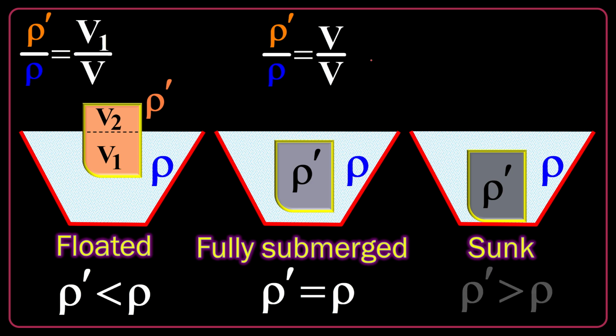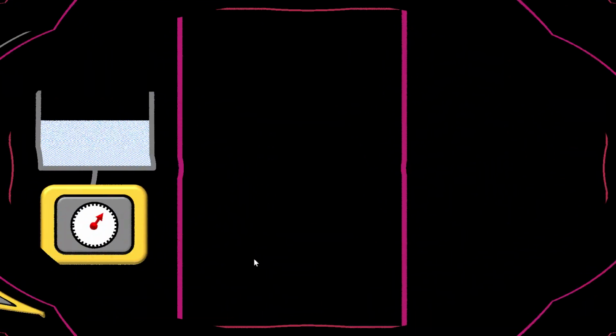So it sinks. We expect rho prime to be larger than rho, like a piece of stone or metal in water. The water has a density less than the object, so it cannot hold the object, like a piece of wood. So it sinks. That's all.